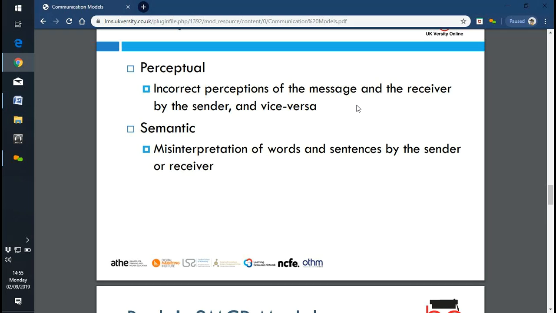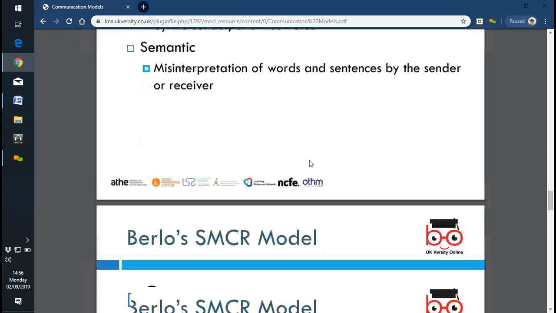And that can sometimes be a misinterpretation of words or sentences by the sender and receiver. This is very easy to do in English, as you can take a letter out of one word or mispronounce a word and it sounds like something else entirely. So, semantic.